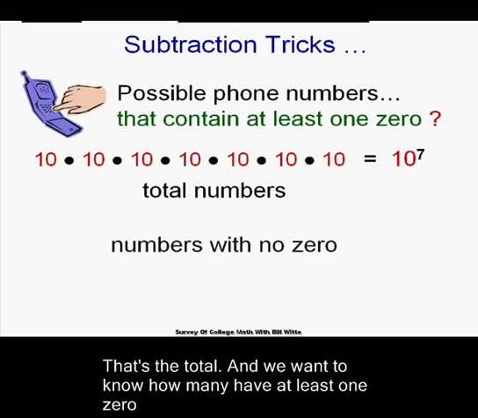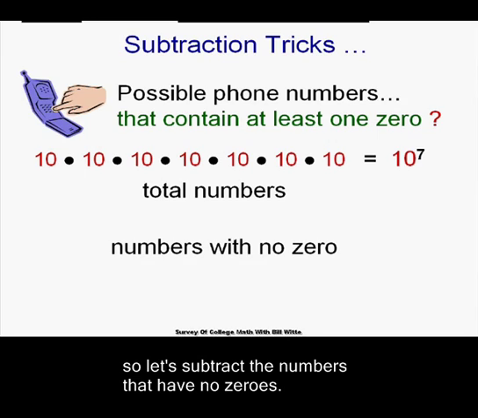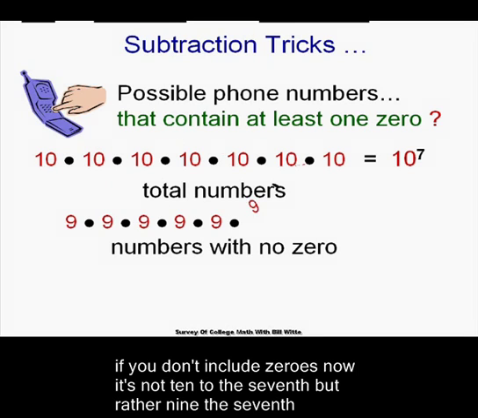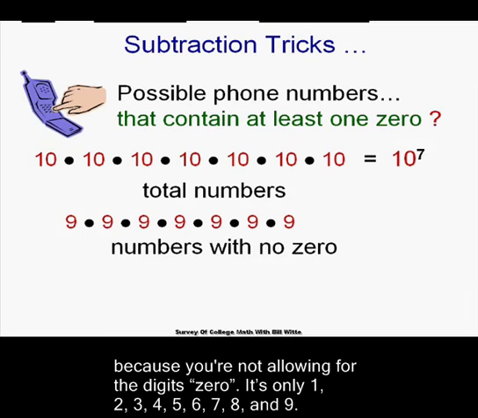So let's subtract the numbers with no zeros. How many numbers have no zeros? Well, they have 7 digits, and if you don't include zeros, now it's not 10 to the 7th, but rather 9 to the 7th, because you're not allowing for the digit 0. It's only 1, 2, 3, 4, 5, 6, 7, 8, 9.